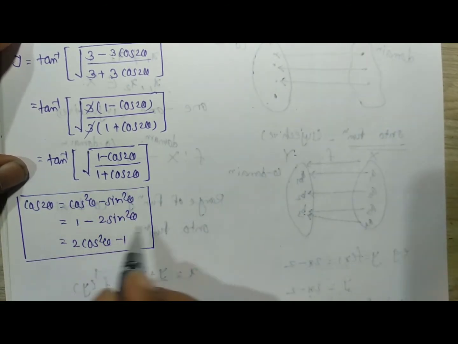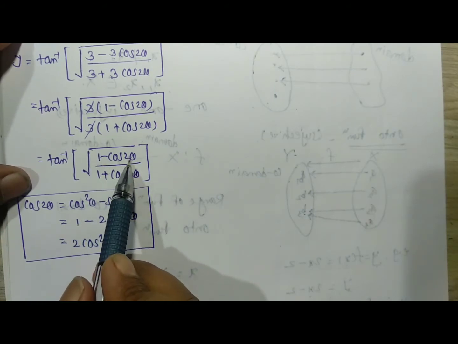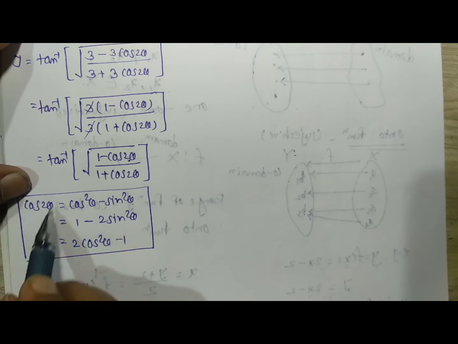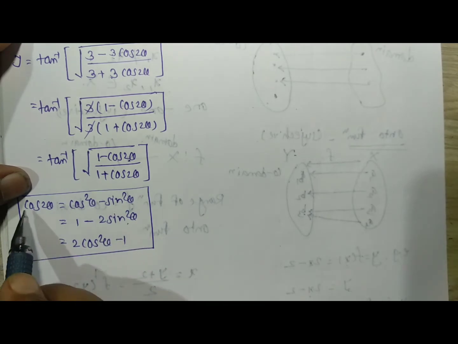From these formulas we can get 1 minus cos 2 theta, which is nothing but 2 sin square theta, because the minus 2 sin square theta becomes plus here and the plus becomes minus. And when the minus 1 is taken across, 1 plus cos 2 theta is nothing but 2 cos square theta.